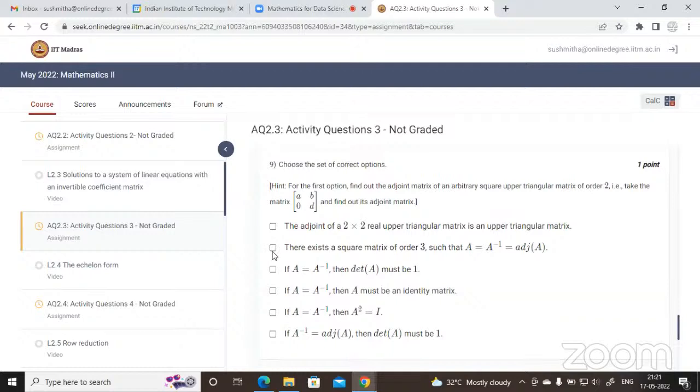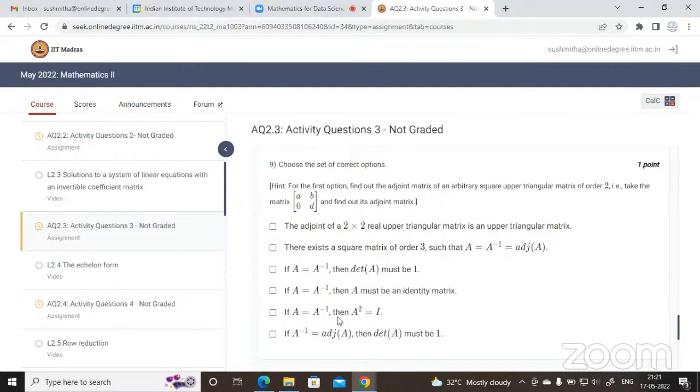Okay, 2, 3, 5. There exists a square matrix of order 3 such that, okay, can you tell me any matrix such that it's equal to its inverse and its adjoint? Identity matrix. Yeah, that's it, right? Okay. Or option number 5. How did you get this answer?